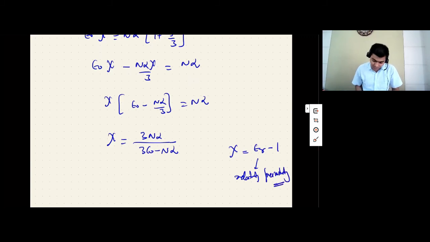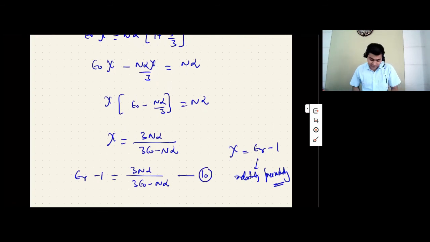So I can write the dielectric constant minus 1 is equal to 3 N alpha over (3 epsilon naught minus N alpha). Let me call this equation 10. This is one form of the Clausius-Mossotti equation, which relates the relative permittivity, that is the dielectric constant, to the polarizability alpha of the material.